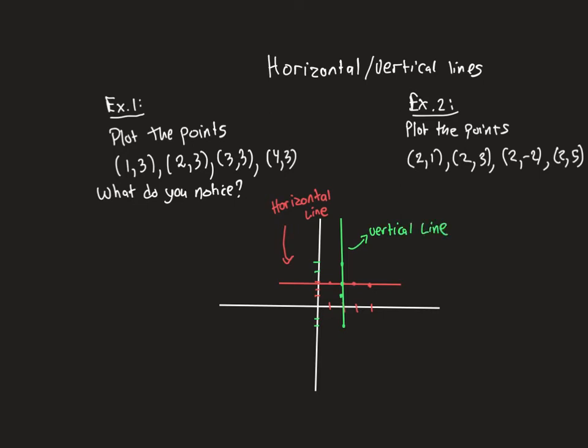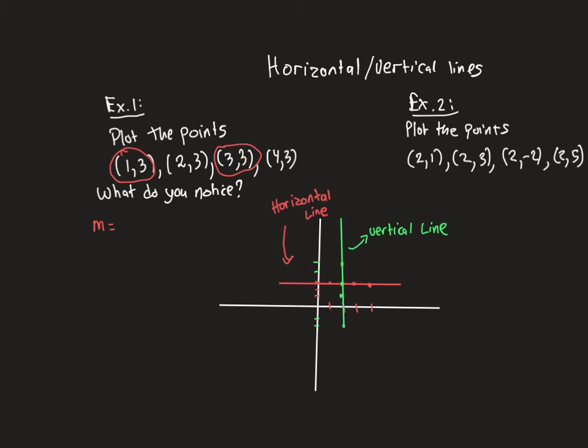Now, in terms of slope, if I were to find the slope of my horizontal line, let's use any 2 points. So we can use any 2 points. So here I'm going to use this point and this point. Since I see (1, 3) before I see (3, 3), this would be my first point.